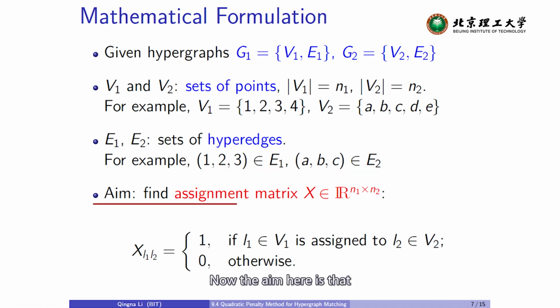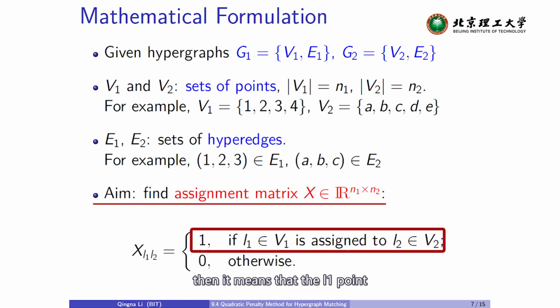Now, the aim here is to find an assignment matrix X, where X is in an N1 by N2 dimensional space. Each of its elements is defined as follows. If it is 1, it means that the l1-th point is assigned to the l2-th point in V2.